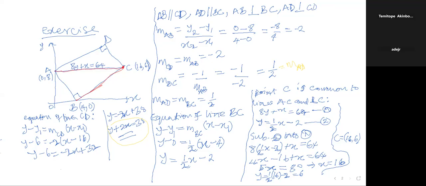So is the point D 2, 2? No. What's the equation of line AD you have found? 2y plus x equals 16.